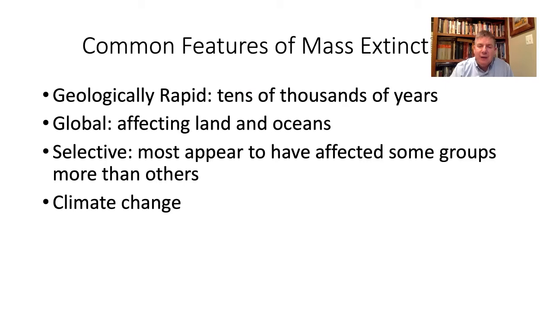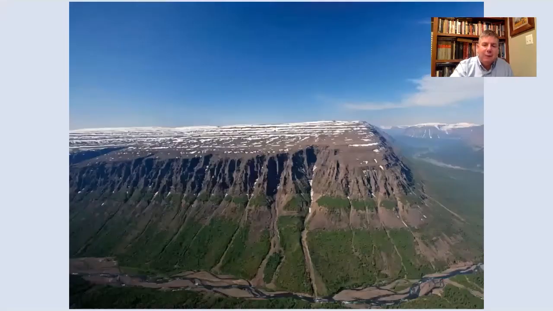And we can identify a number of common features of these events. They're geographically widespread. They're found essentially globally, often both on land as well as in the sea. They're selective in that particular groups are affected more than others. And there's a common underlying cause, in most cases, of rapid climate change.